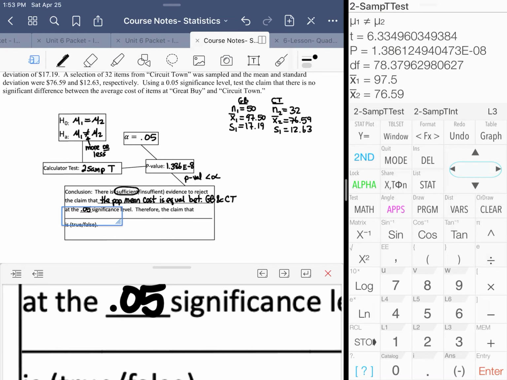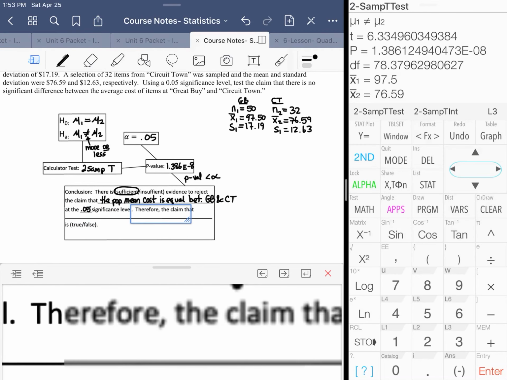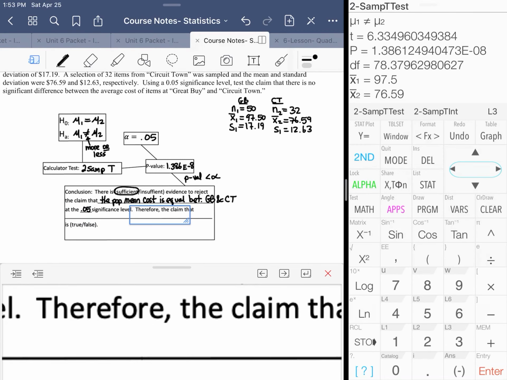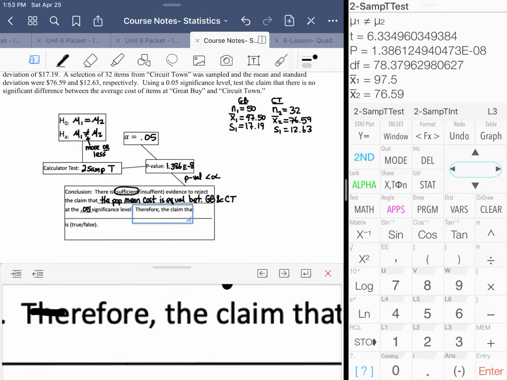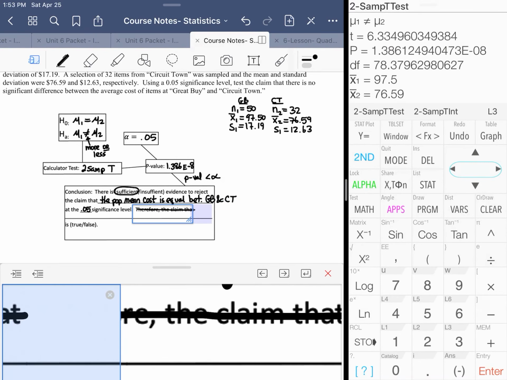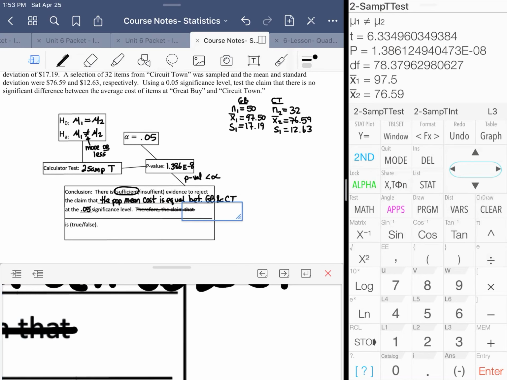Therefore, the claim, now, they're asking whether there is a significant difference. Well, there was no claim of a significant difference. There was a claim that there was no significant difference. So we don't even need this second sentence. We've already answered the question.